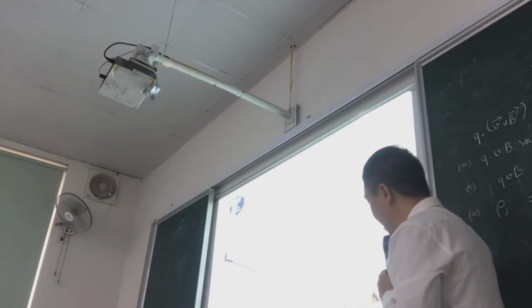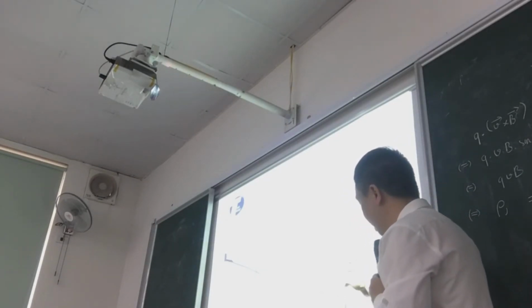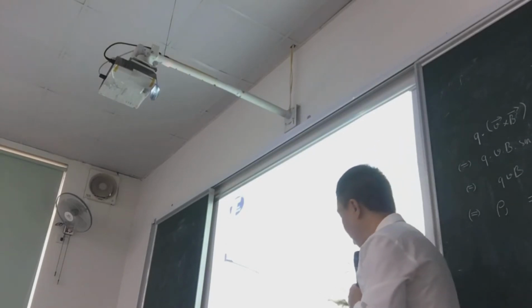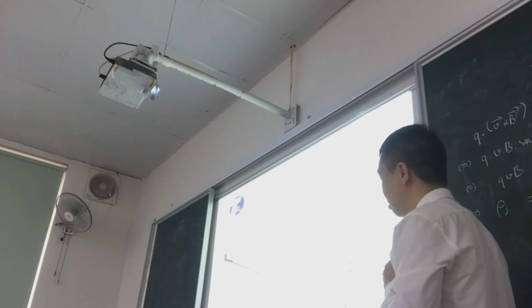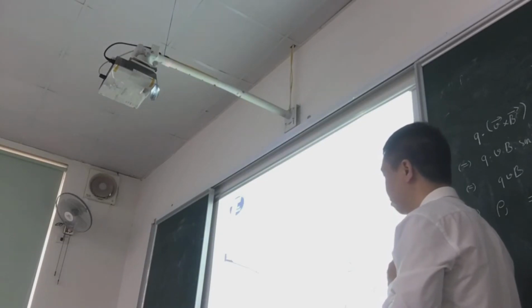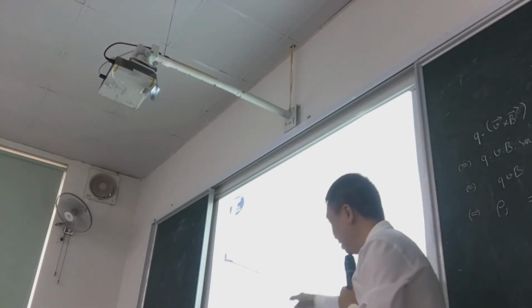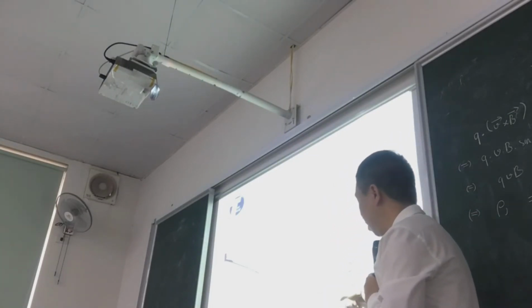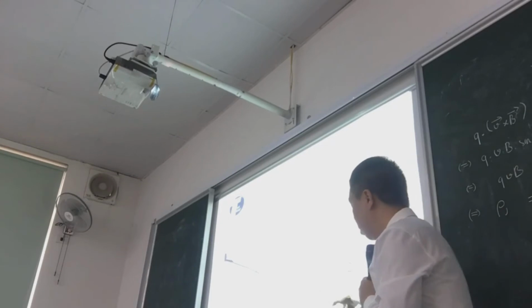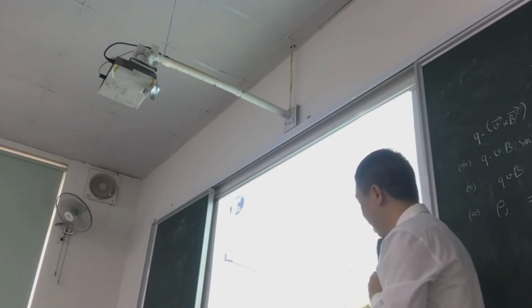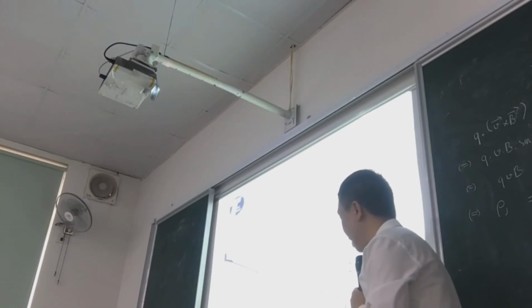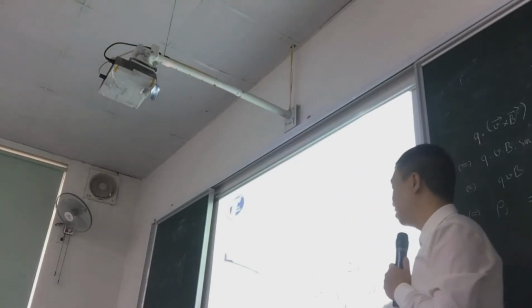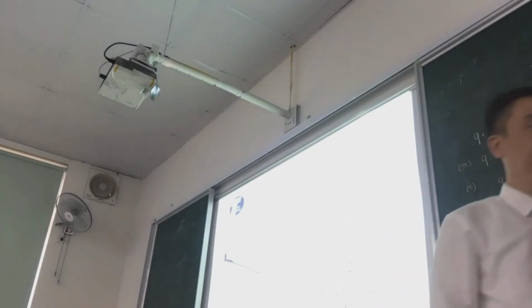Since a is much greater than x, we discard x squared, leaving only a squared. The root of a squared is exactly a, which cancels out, so B equals mu0 I over 2 pi x. So this is the limiting case.